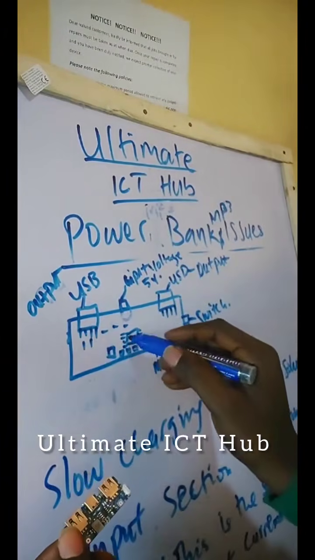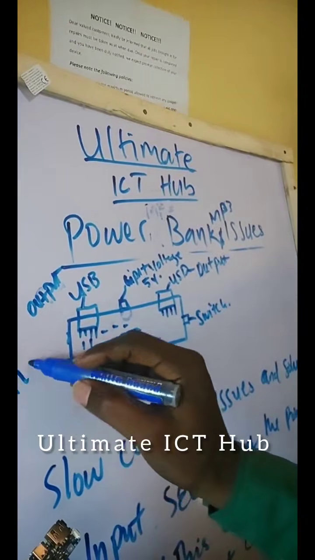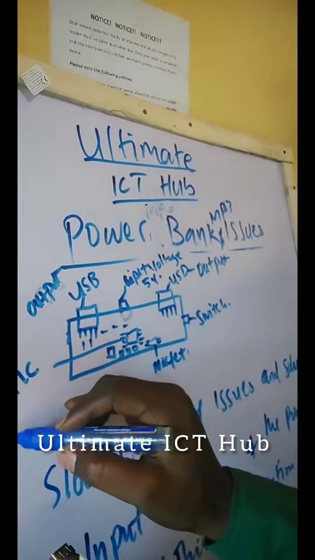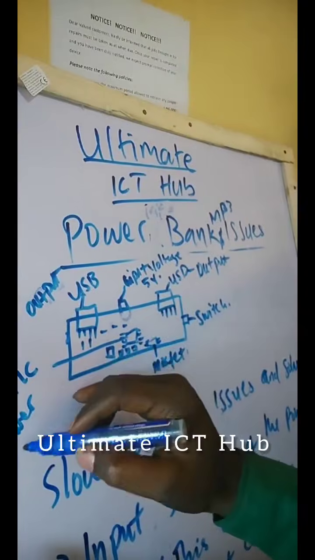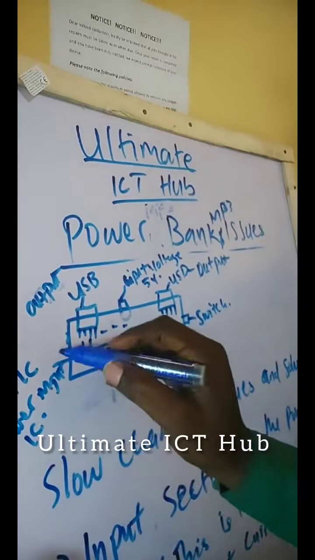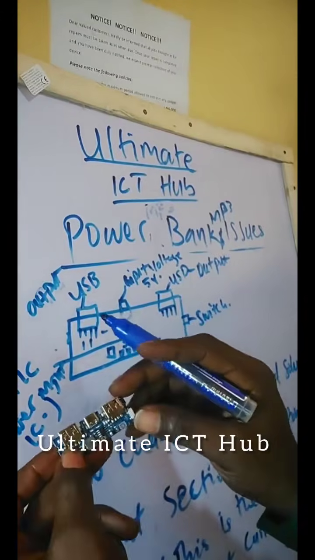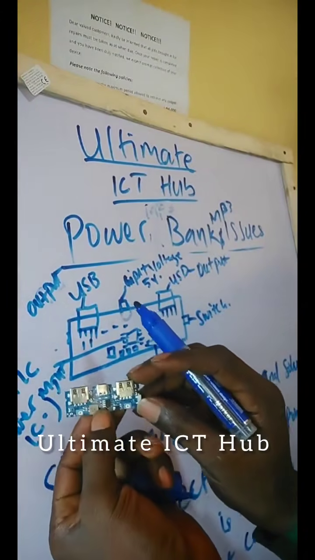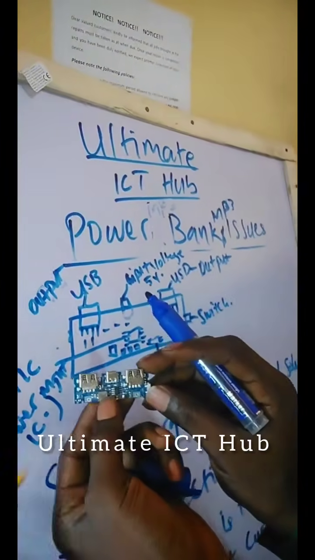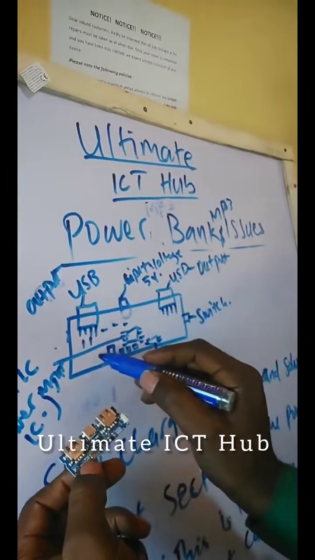So this is the power IC, right? PMIC, power management IC, integrated circuit. We have a 1K resistor here, and capacitors around it.